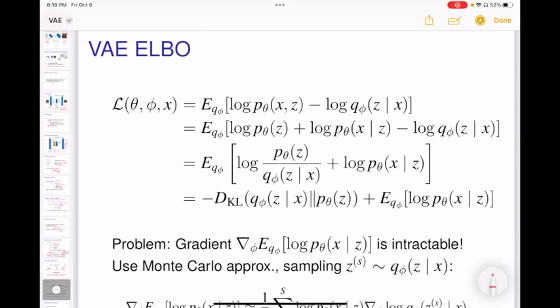Okay, so now we need to maximize the ELBO. Let's write out what the ELBO looks like after expanding it. This is what the ELBO is.